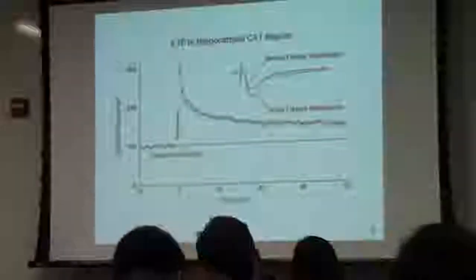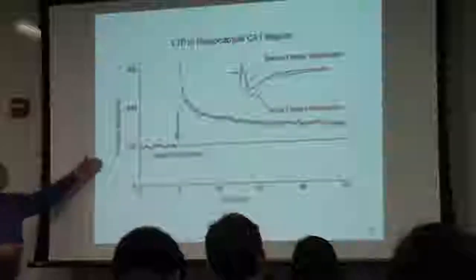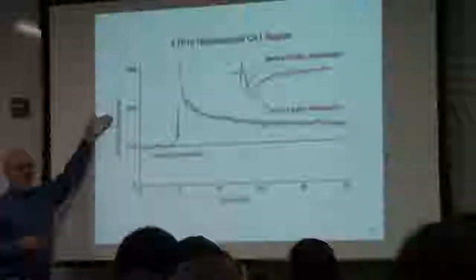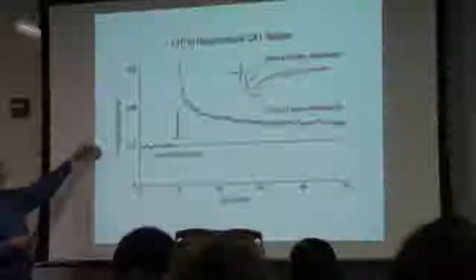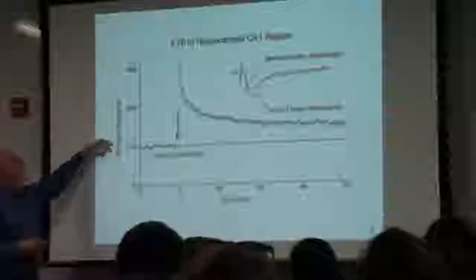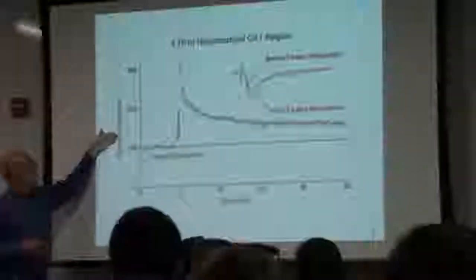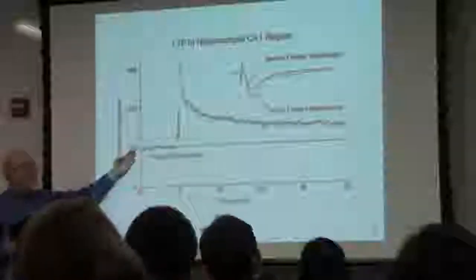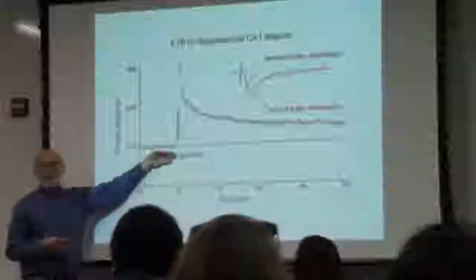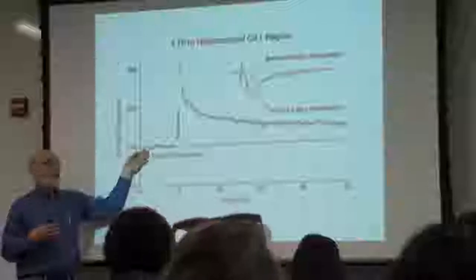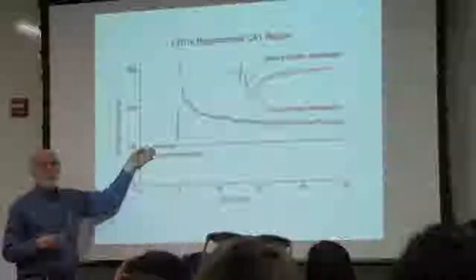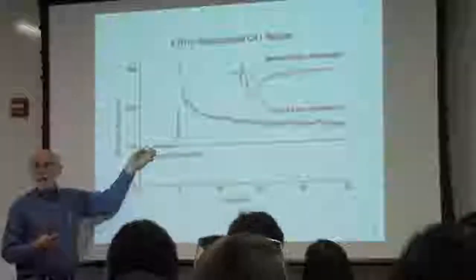And this is an example. So here is a misspelling of synaptic response. This is synaptic response normalized to the starting point. So the synapse was stable. The EPSPs of that synapse were stable before the stimulus.